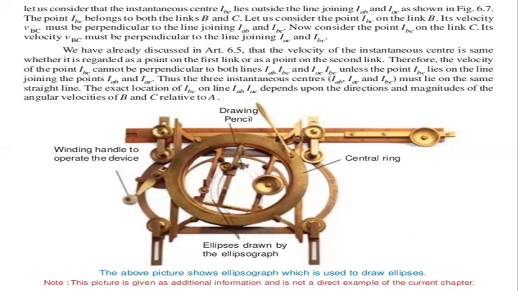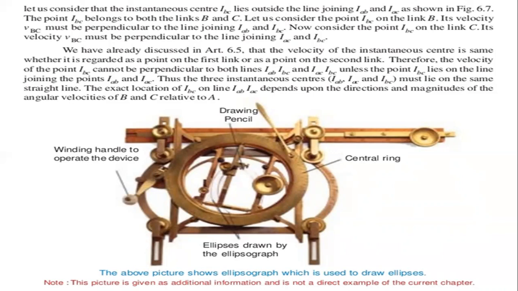Therefore, the velocity of the point IBC cannot be perpendicular to both lines, that is IAB and IBC, with respect to those positions, that is IAC and IBC, unless the point IBC, the instantaneous center of BC, lies on the line joining the points IAB and IAC.